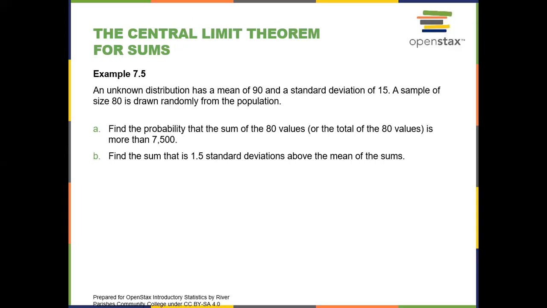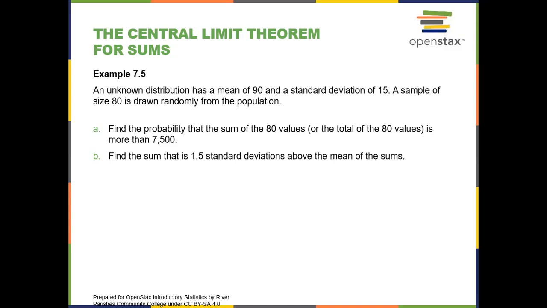So your lower is 7,500, your upper is 1, then second button and comma button, which is on top of the 7 button, gives you the E99. What is your mean? Your mean is 80 times 90 or 7,200. And what is your standard deviation?